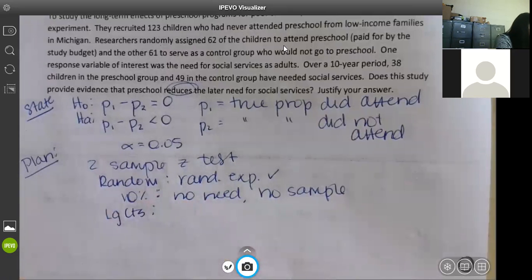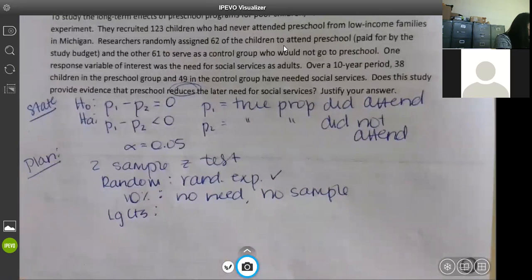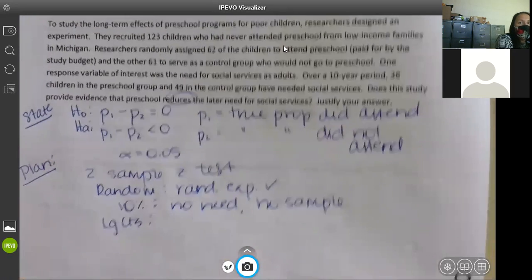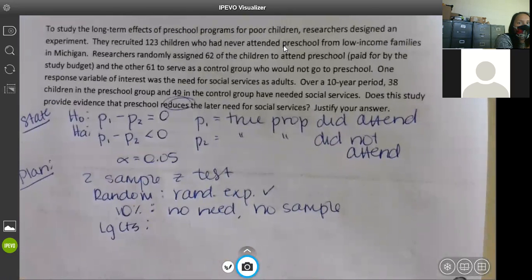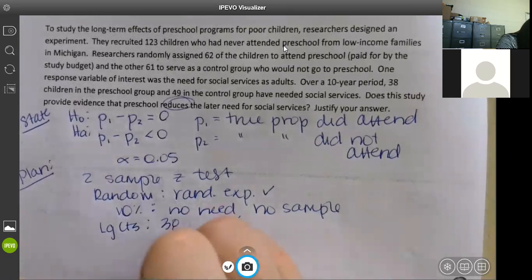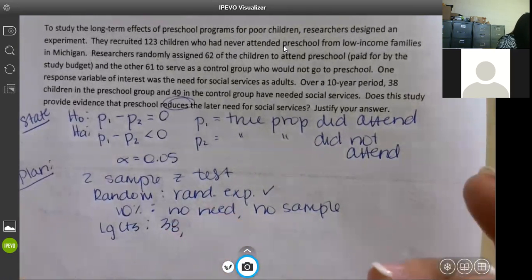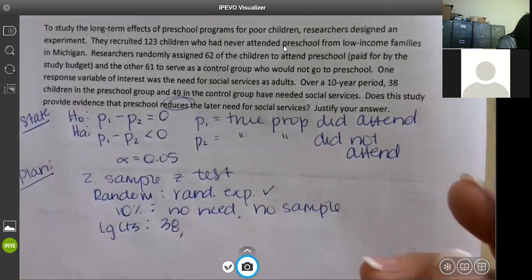And then large counts. What are your numbers? For P1, what was your success? 38. Okay. So what would your failure be? 62 minus 38.